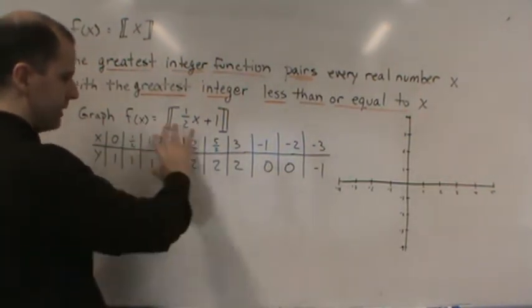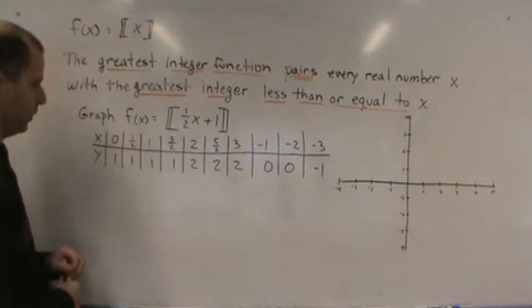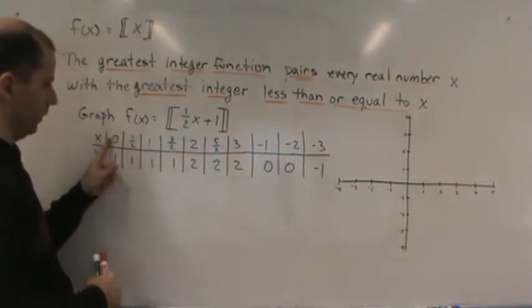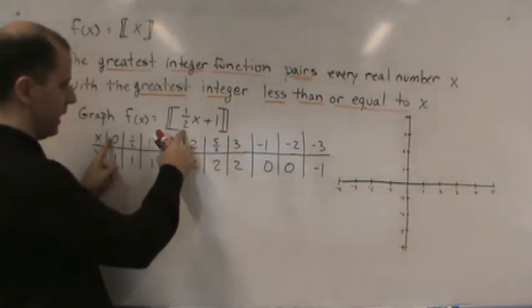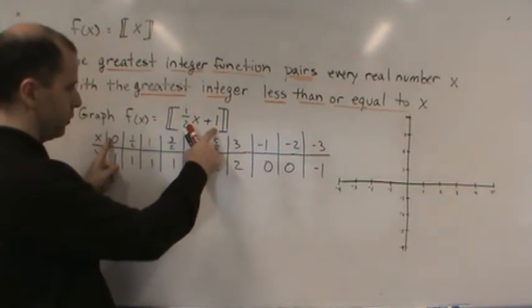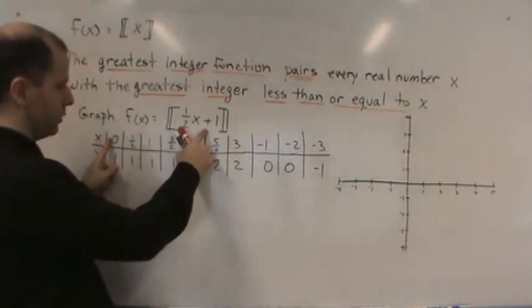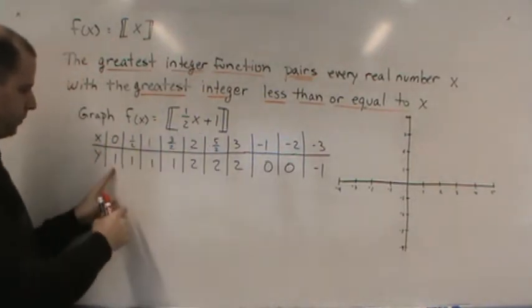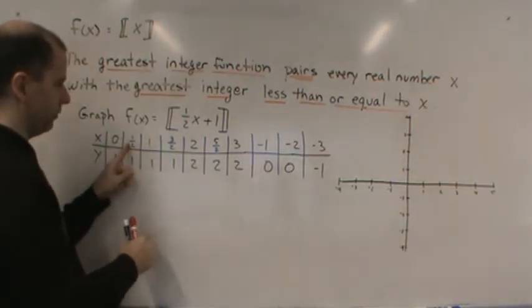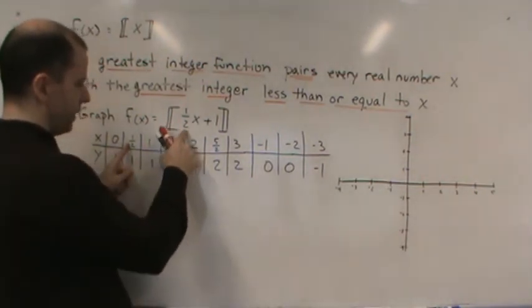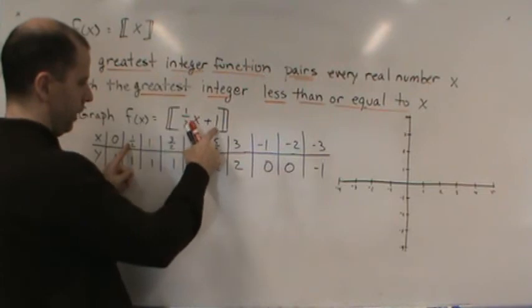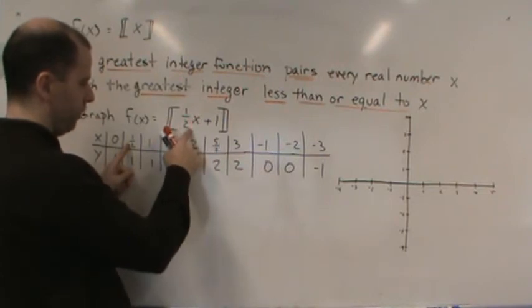Okay, so I've got a table already written out, but for example, if I put 0 in here, 0 times a half is 0, plus 1 is 1. Well, the greatest integer function of 1 is 1. What if I put in a half? Well, 1 half times 1 half is a fourth, and then 1 plus a fourth is 1 and a fourth.